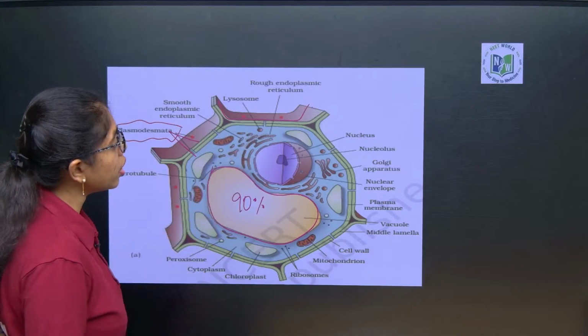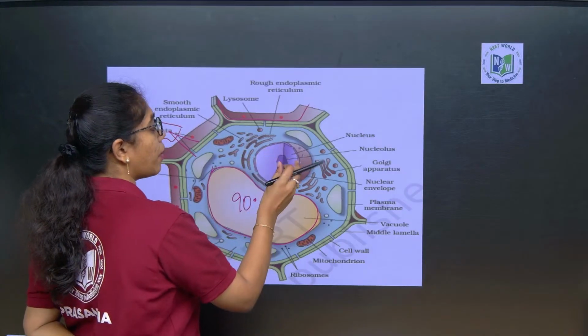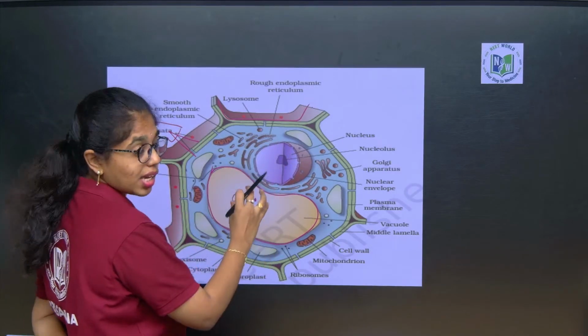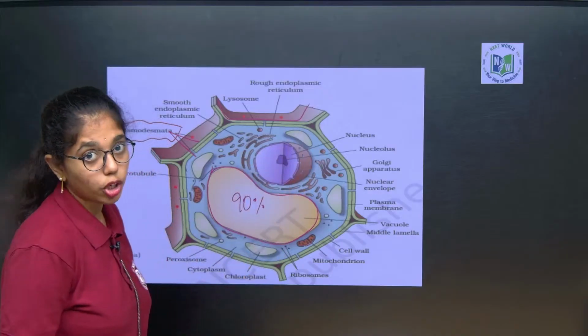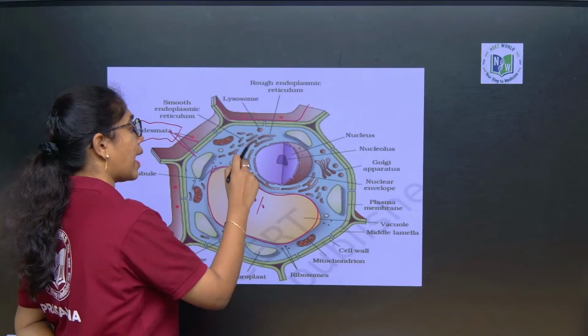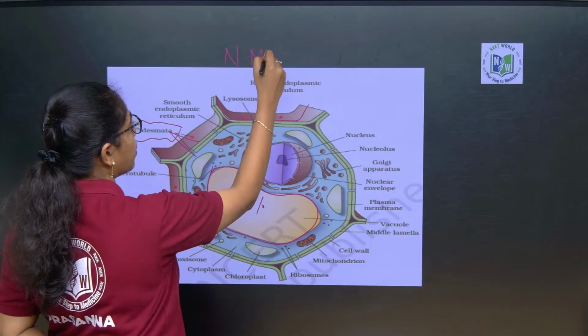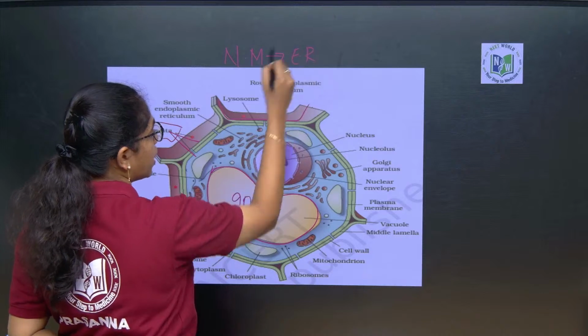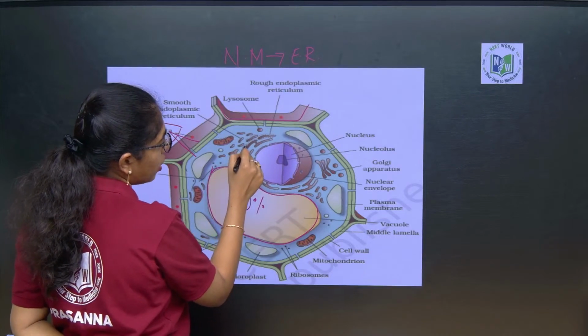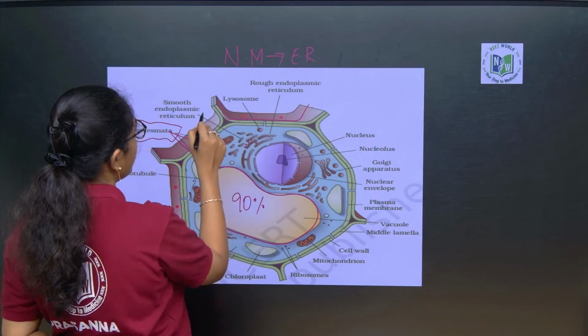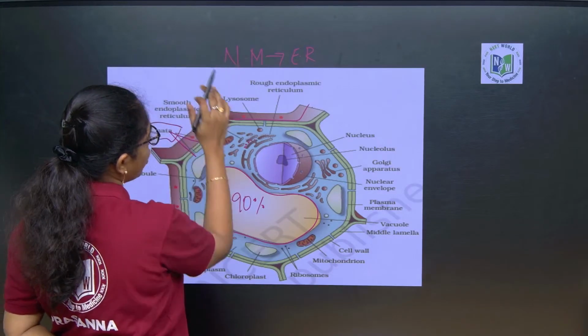When it comes to the nucleus, the nuclear envelope, this membrane is contiguous with endoplasmic reticulum. Most important question: nuclear membrane is contiguous with endoplasmic reticulum. If this endoplasmic reticulum has small ribosomes over it, you will call it rough endoplasmic reticulum.